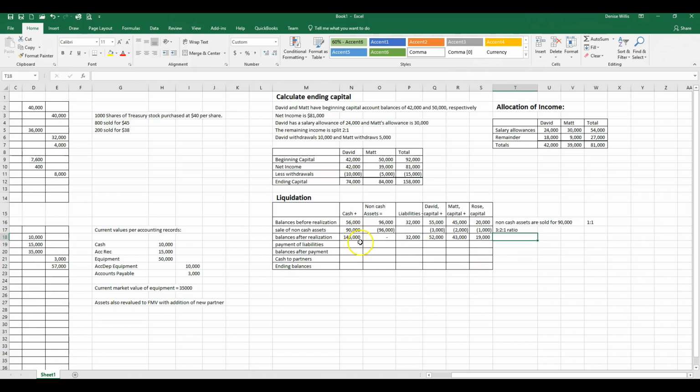Okay, so now let's pay our liabilities. We're going to take cash away. Our liabilities are 32,000, so we're going to subtract cash of 32,000, pay off these liabilities. Okay, and then we're just going to get new balances again. Let me put some things here so you know where balances are coming in.